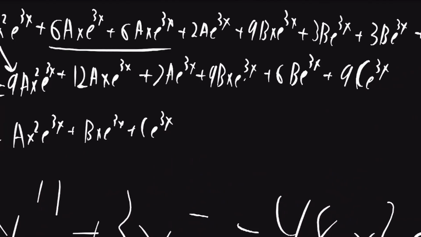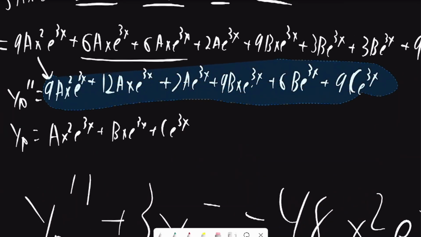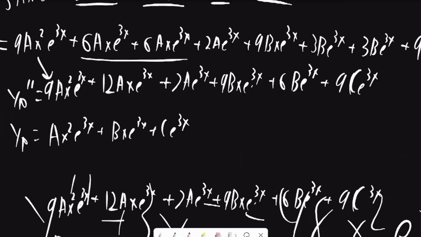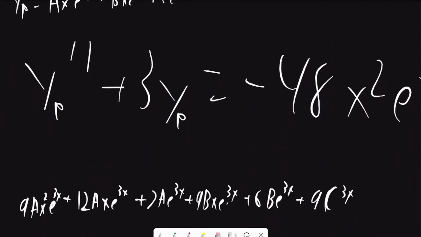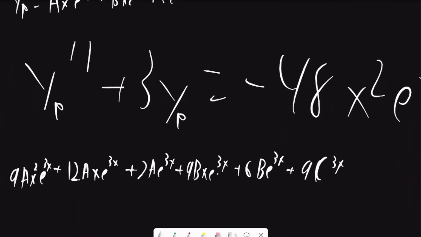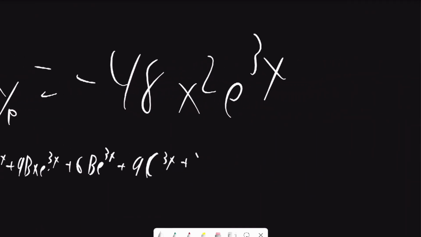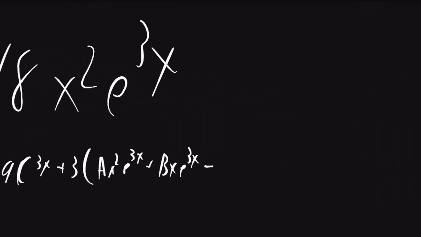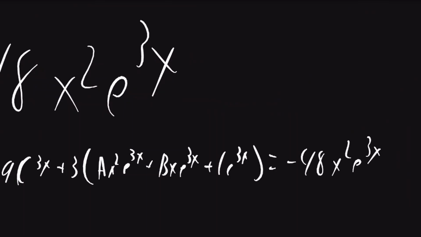Yp double prime was this long expression here. I can go ahead and copy that. It'll be the yp double prime plus 3 times yp, which again was ax squared e to the 3x plus bx e to the 3x plus c e to the 3x, is equal to negative 48 x squared e to the 3x.